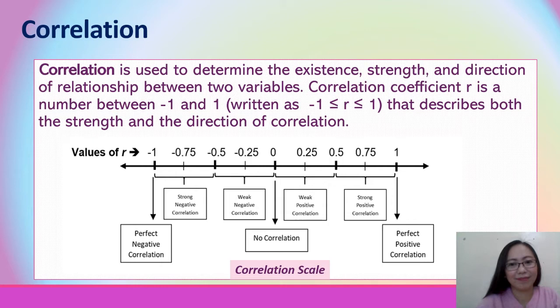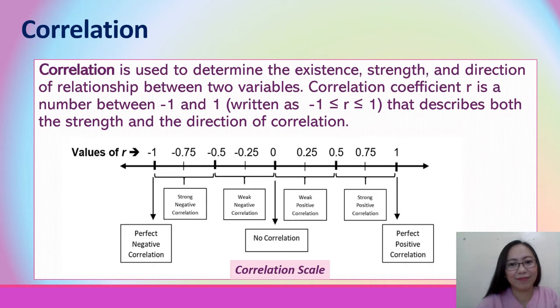If we have -0.6, so it's somewhere here, so we have strong negative correlation. For the range between -0.5 and 0, we have a weak negative correlation. If r is equal to 0 here, we have no correlation. That means there is no relationship between the independent variable and the dependent variable.